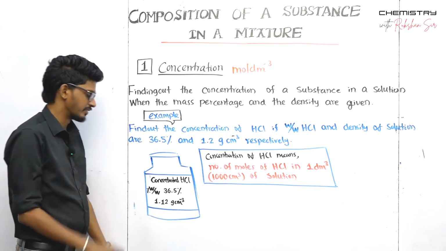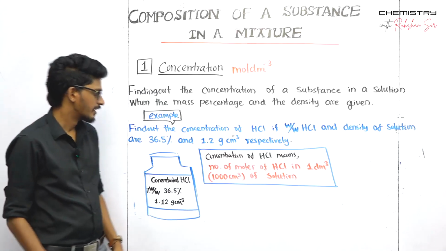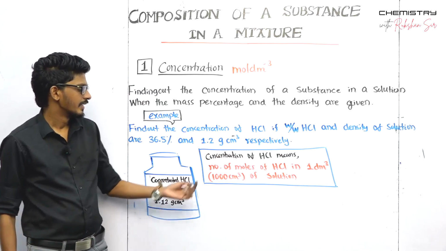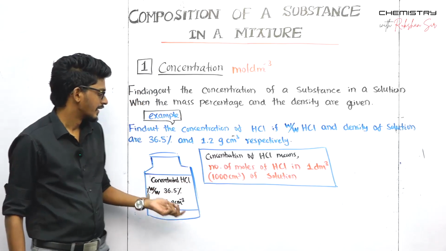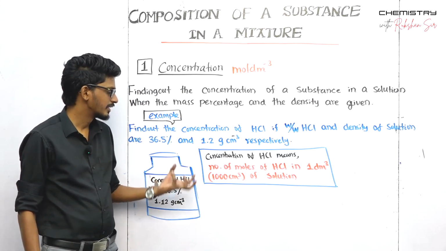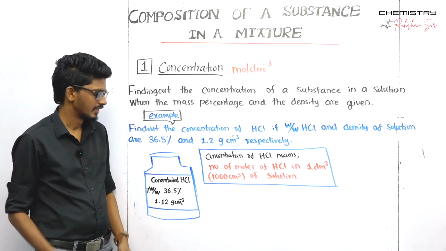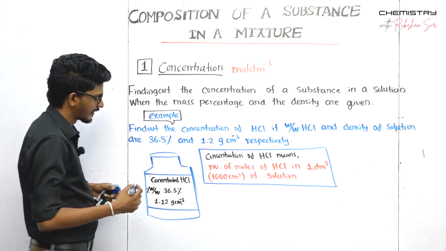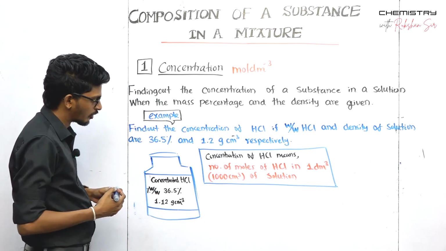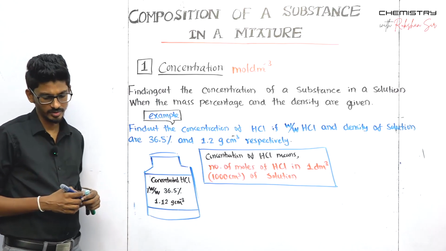Okay, let's do it. So our plan is this. First, we will take 1 decimeter cube or 1000 cubic centimeters of the solution.